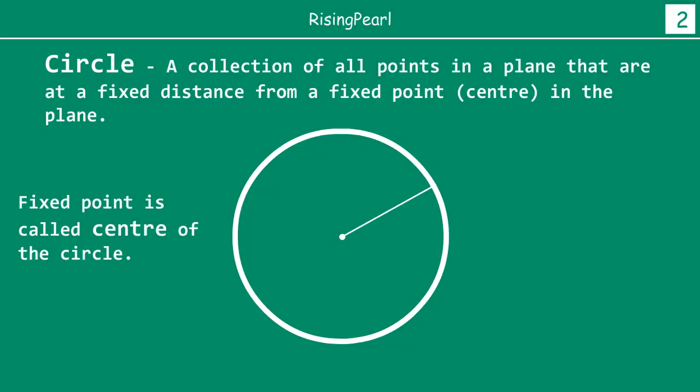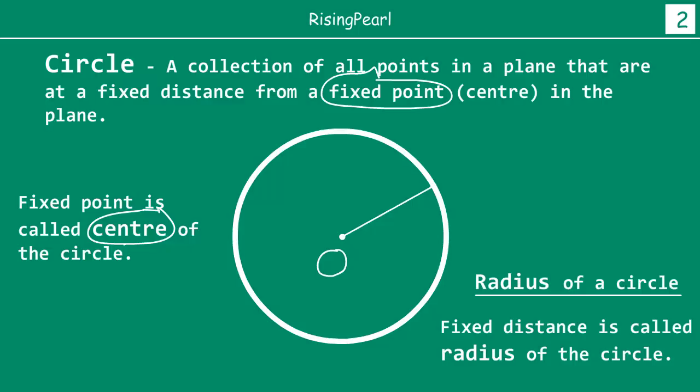Now the point in the middle, which is this fixed point, this is called the center of the circle. We often represent this by uppercase O. And the fixed distance itself is called the radius of the circle.